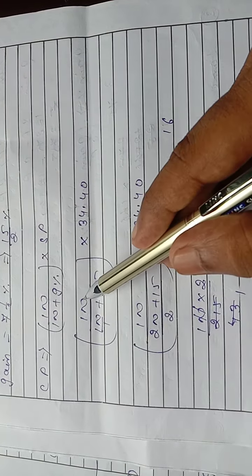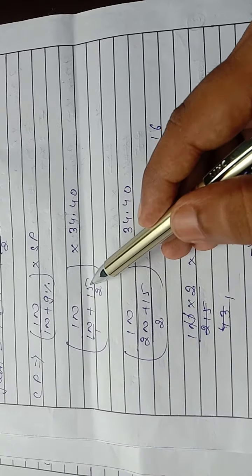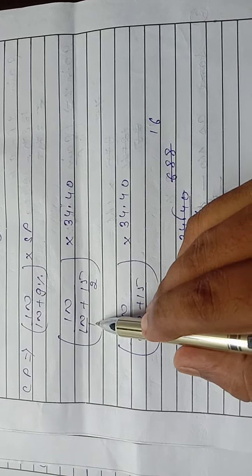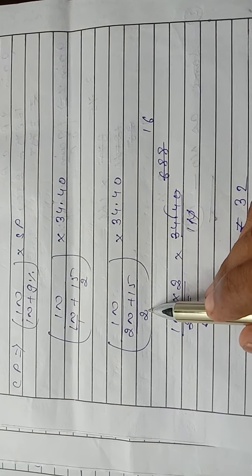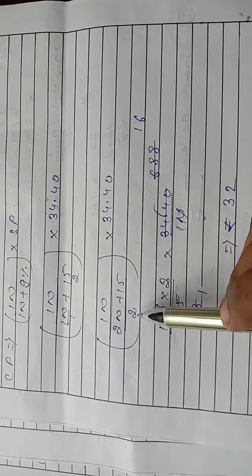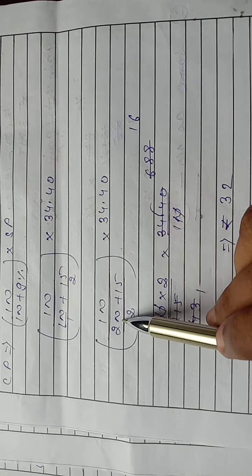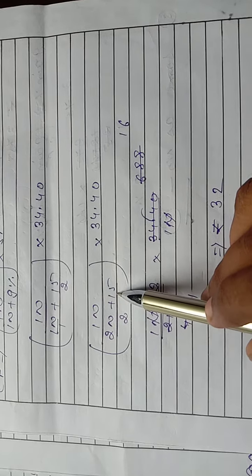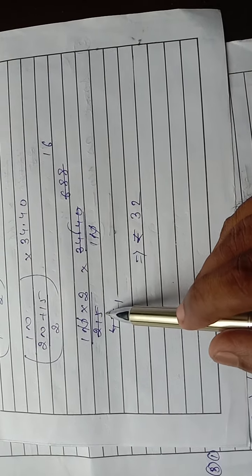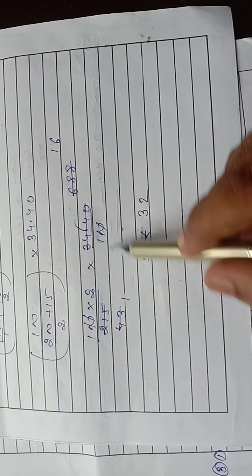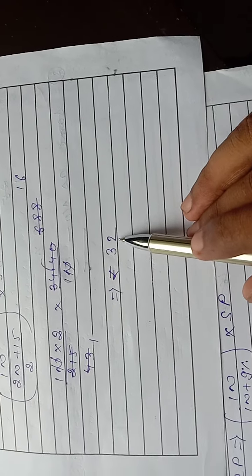Same way we can write here, in place of gain percent 15 by 2, we have to take LCM. 1 divided by 2 is twice 2, that multiplied by 100 we will get it as 200 plus 15, that is equal to 215. Solve this, you will get your answer as rupees 32.